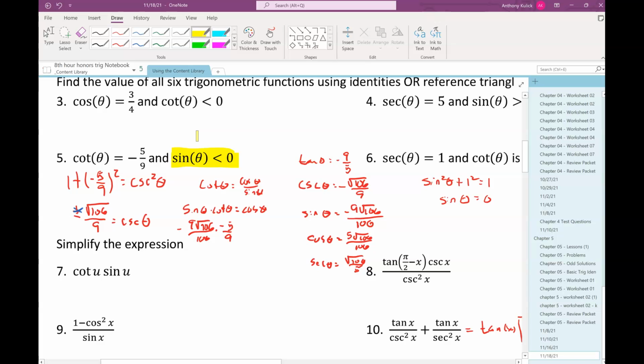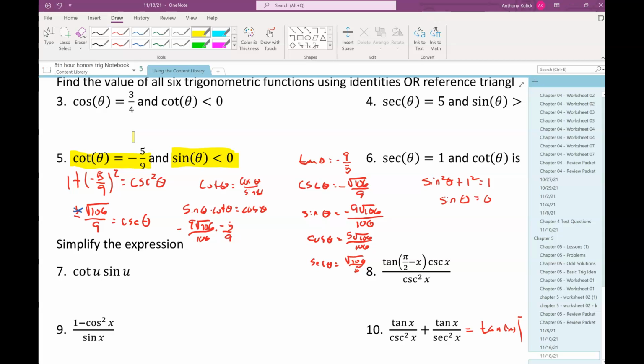Mm-hmm. The other piece that I know is cotangent. So I'm going to look for one of the Pythagoreans that has either cotangent or tangent, because they're reciprocal, so I know about that, and I should say sine or cosecant. Again, if I have sine is negative, I know cosecant is negative too, because they're reciprocals.